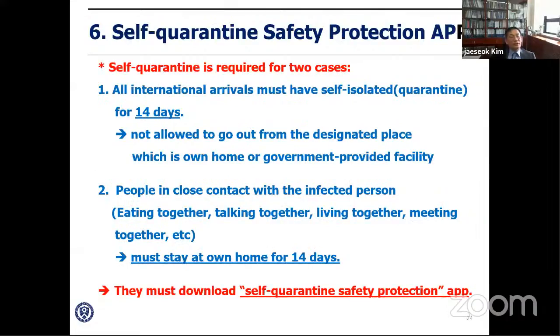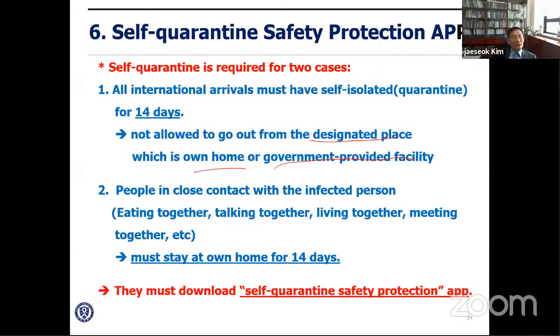The next one is the self-quarantine safety protection app. Self-quarantine is required for two cases. The first one is that all international arrivals must self-isolate for 14 days. They are not allowed to go out from the designated place, which is their own home or government-provided facilities.